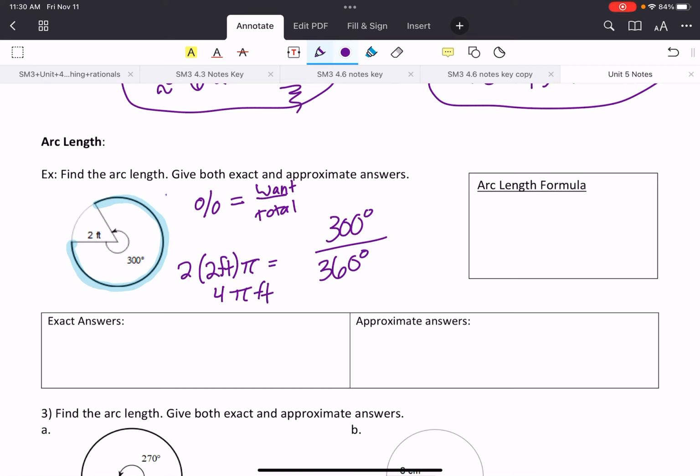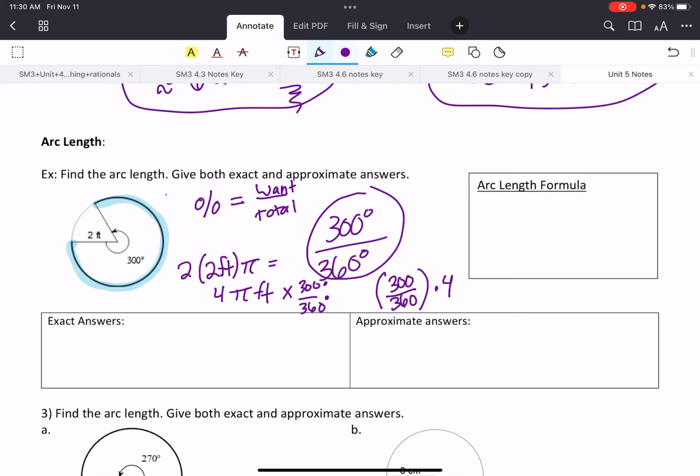That's the total circumference, but we want this percentage of the circumference. So we multiply like we did before. In your calculators, you're going to write 300 over 360 times 4.